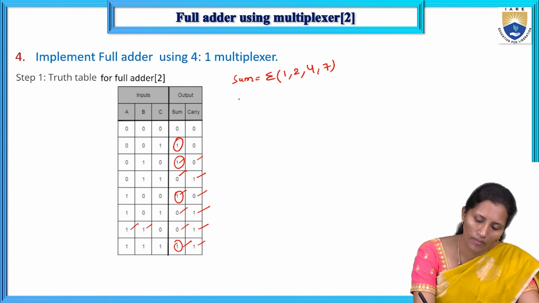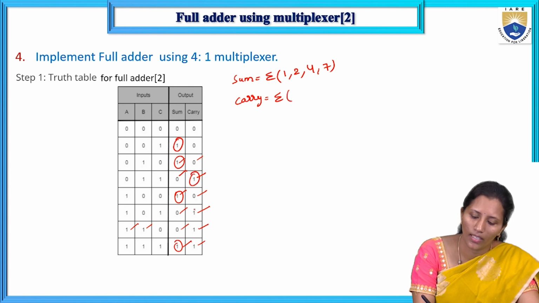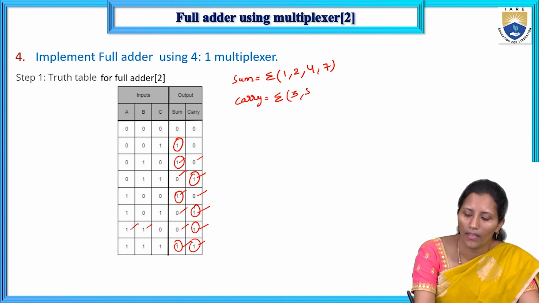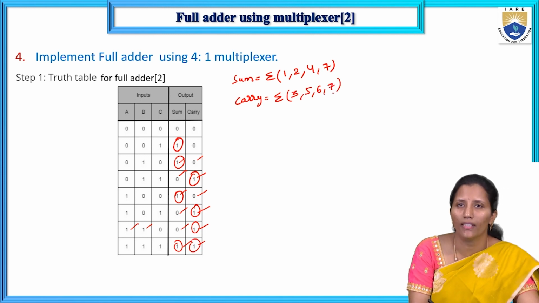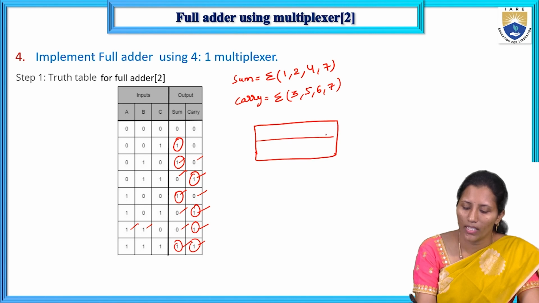For carry, we are getting 1 for minterms 3, 5, 6 and 7. So by using the implementation table, we have to implement these inputs for the sum and carry.